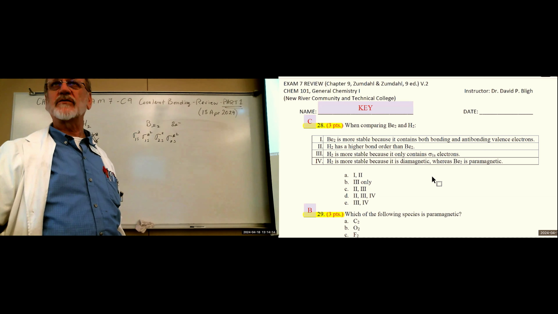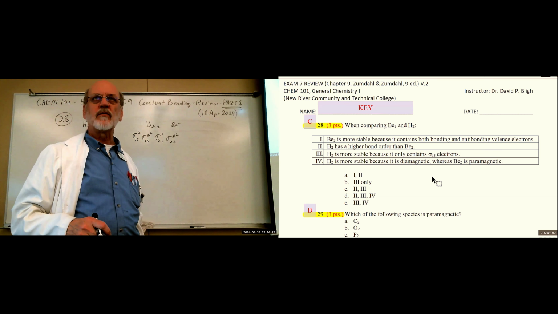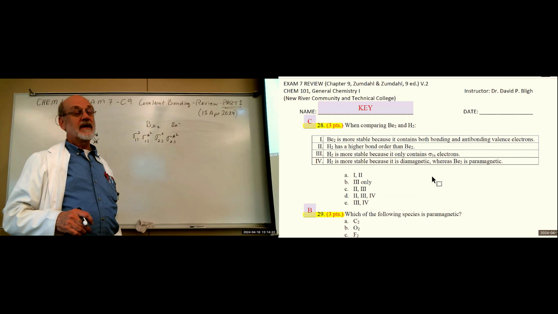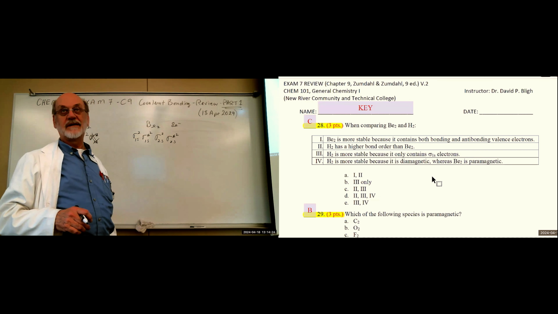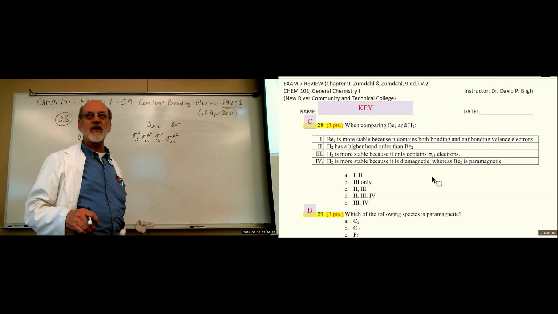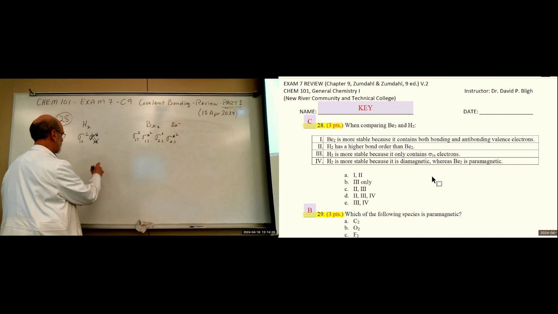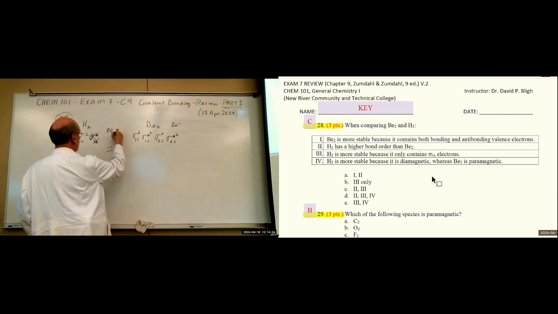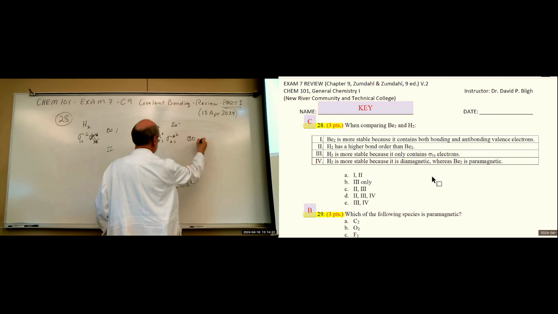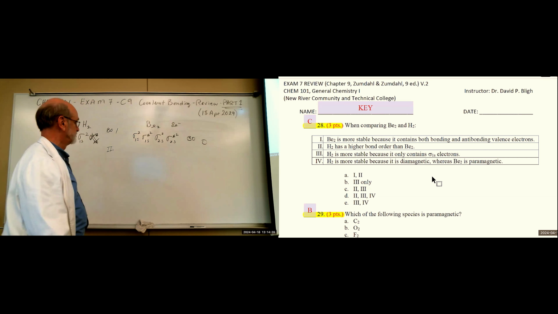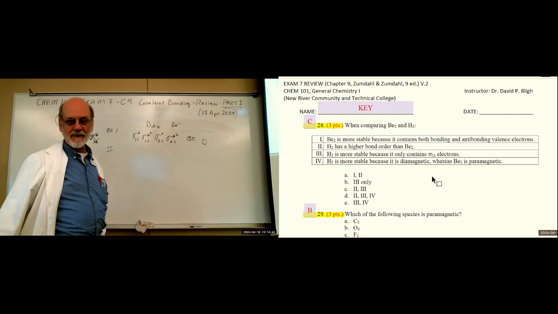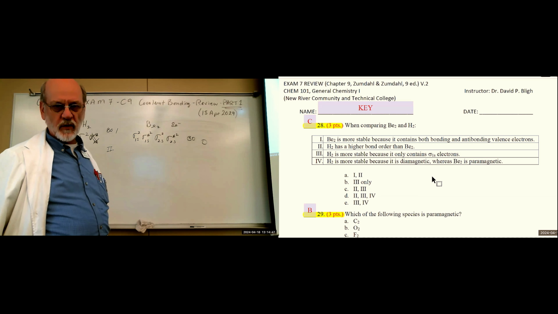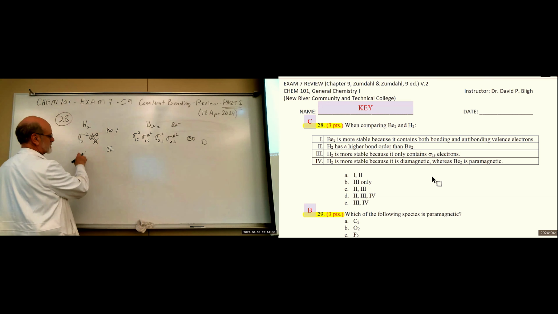All right, let's look at the possible answers. Be2 is more stable because it contains both bonding and antibonding. No, that makes it less stable. In fact, that makes it improbable. Roman numeral 2, H2 has a higher bond order than Be2. Yeah, 2 is true. This is a bond order of 1, and this is a bond order of 0. 3, let's see. H2 is more stable because it only contains sigma 1s.